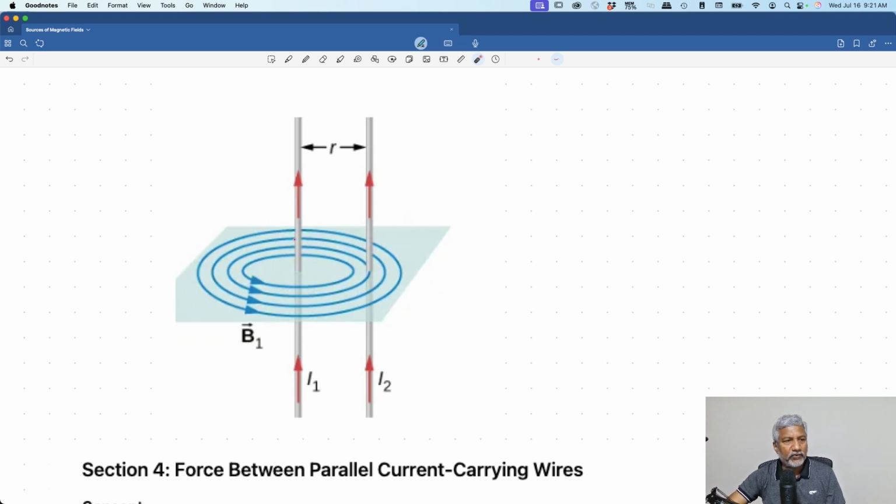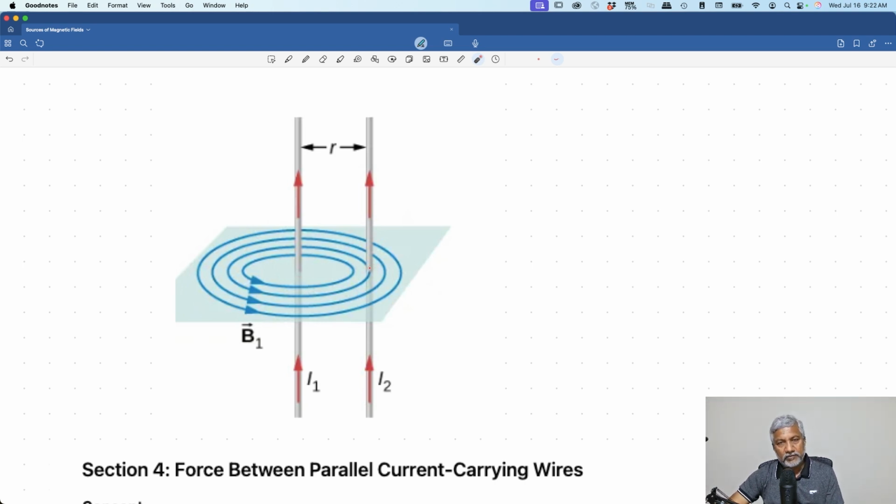So I1 flowing through, let's call this conductor A, will produce a magnetic field as shown at B. That means the conductor B is situated in the magnetic field produced by the current through A. Similarly, A is situated in the magnetic field produced by the current through B.